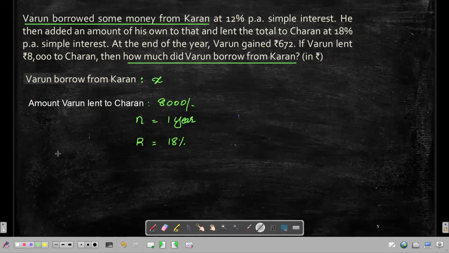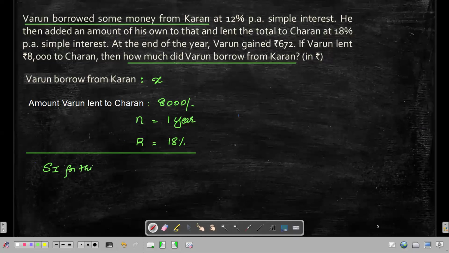Got it? And let us first calculate what is the simple interest for this lending. How much will it be? That will be principal into number of years into rate of interest, whole divided by 100.